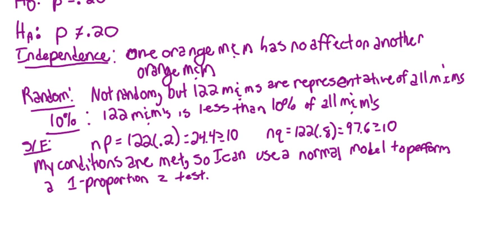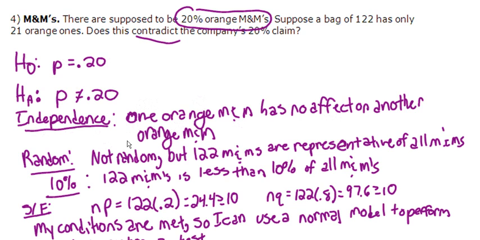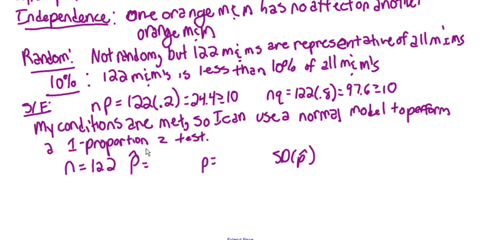Okay, so now my mechanics. Again, I need my n, I need my p hat, I need my p, and I need my standard deviation of p hat. So my n is 122. My p hat, it says that there's 21 orange M&Ms, so 21 divided by 122 is about 0.172.